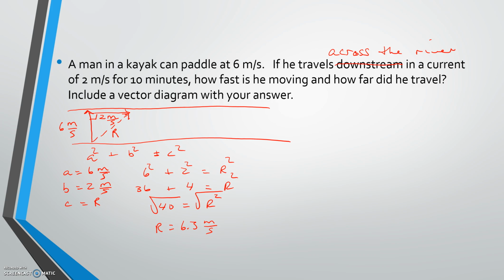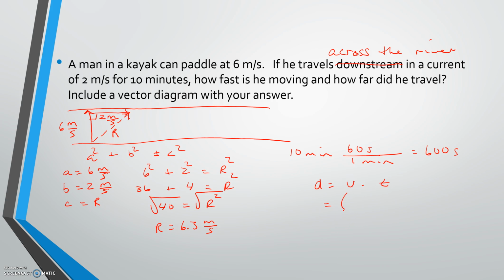Now that we know the velocity, we can go through and calculate how far downstream he went. So we've got our 10 minutes. Again, we want to go from minutes to seconds. We know that distance equals velocity times time.